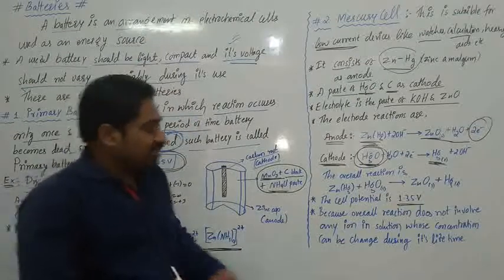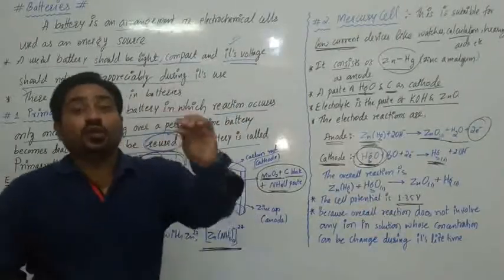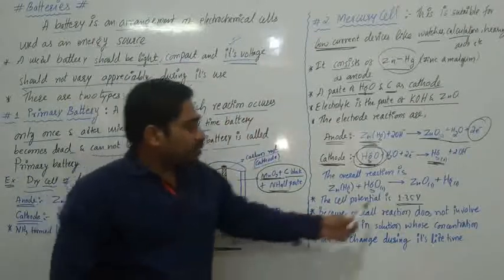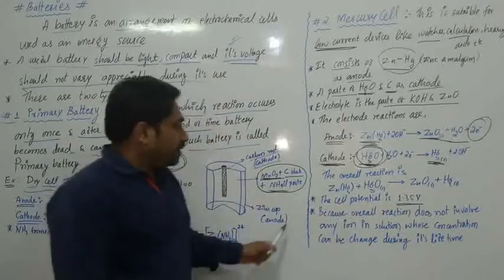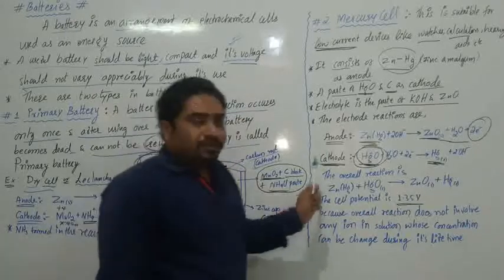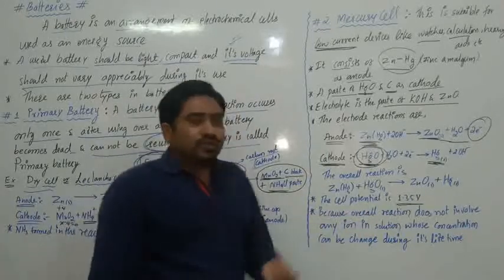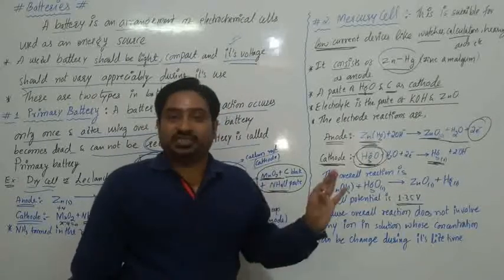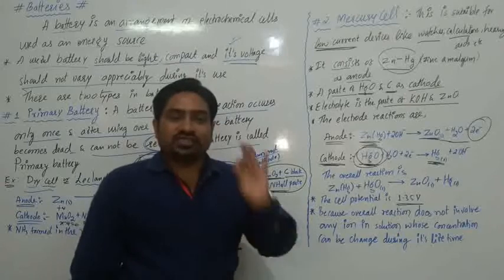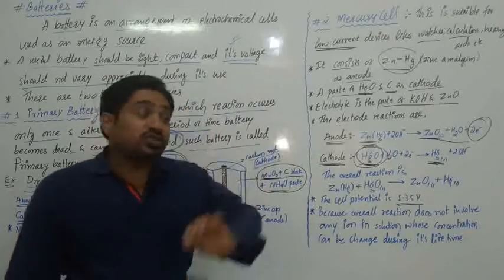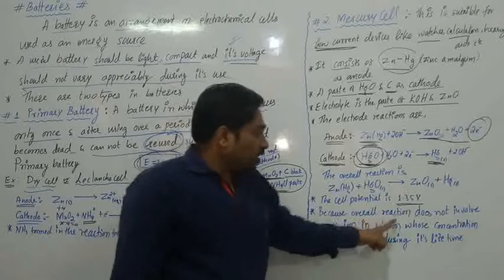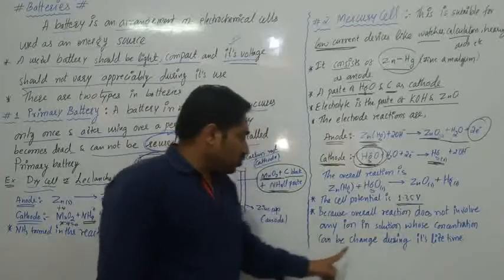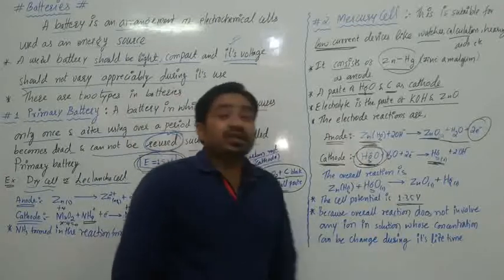As I already said, this battery is used for low current devices, so the potential of the cell is around 1.35 volt. One more important thing is that during the use of this battery, the cell potential does not change. The cell potential remains constant, because the overall reaction does not involve any ion in the solution whose concentration can change during its lifetime.